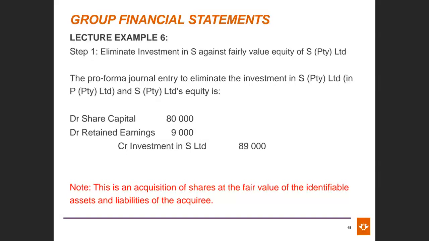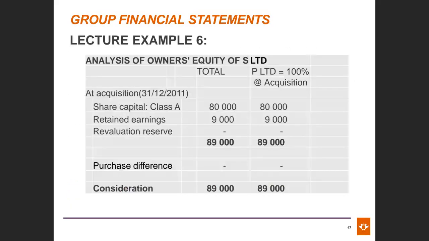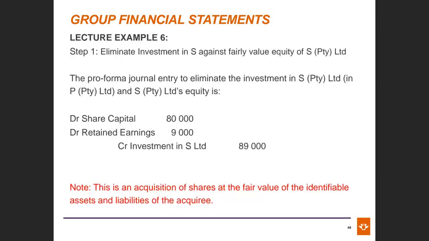In this situation, we need to decide what our pro forma journal entries are going to be. Remember, in our pro forma journal entries, we need to eliminate the investment in S against the share capital and the retained earnings.